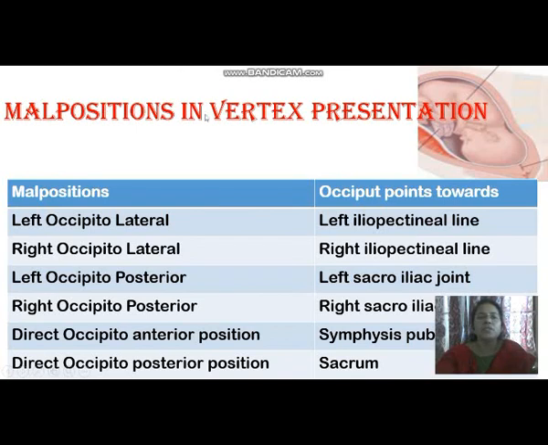Next are the malpositions in the vertex presentation. Usually the position is named by where the occiput points. This is the left occipitolateral position, the anterior, posterior, and lateral positions. Left occipito-lateral posterior points to the iliopectineal line, right occipitolateral points to the right iliopectineal line, and right occipito-posterior points to the right sacroiliac joint.